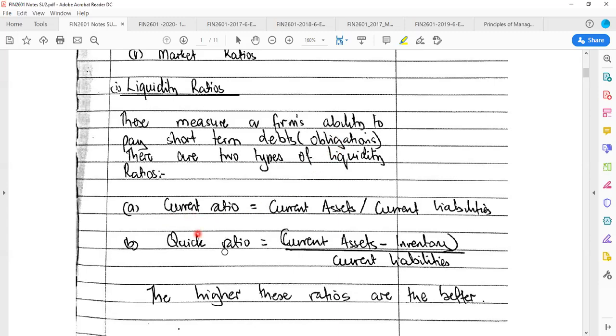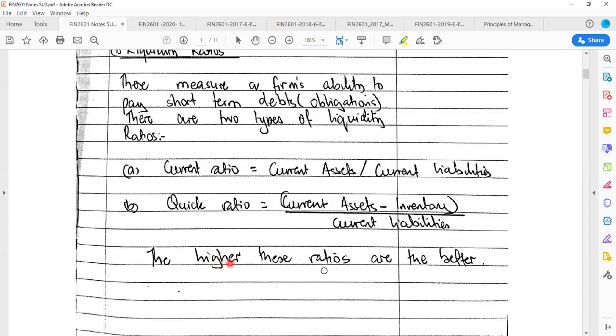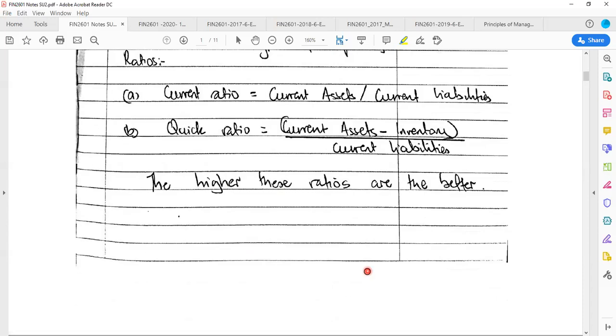We can use these 2 ratios to analyze how well the company can pay their short-term obligations. They are called liquidity ratios. The first liquidity ratio is the current ratio. The current ratio is given by the formula current assets over current liabilities, right? And the quick ratio is given by the formula current assets minus inventory over current liabilities. And the higher these ratios are, the better.